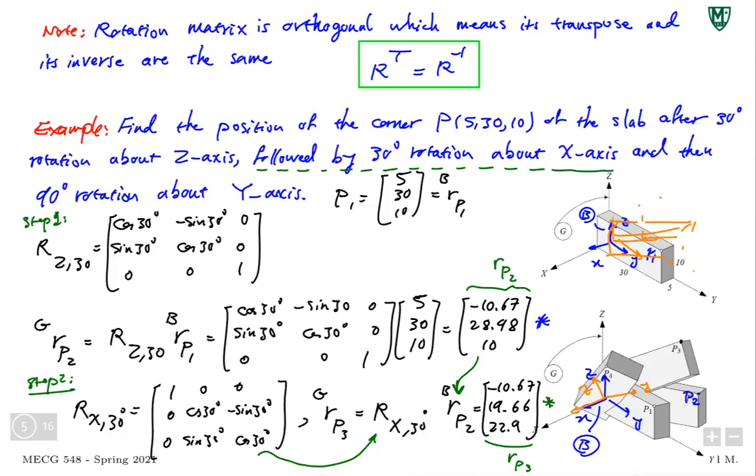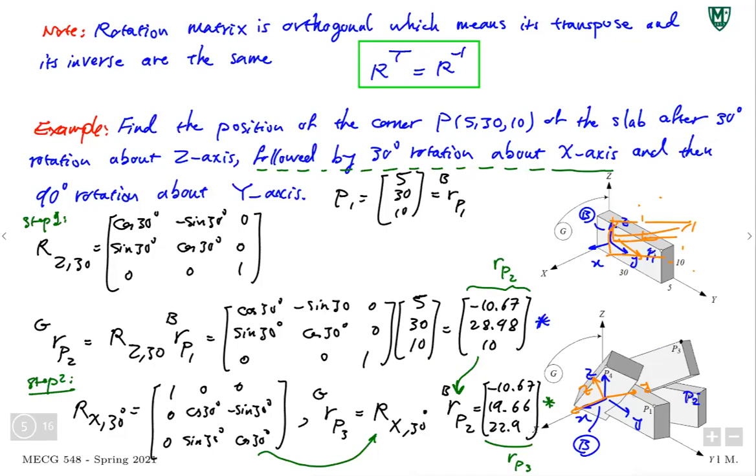Instead of finding the inverse of R, which is a 3 by 3 matrix, so to find an inverse of a 3 by 3 matrix can be a long process, we can just find the transpose of the matrix. And remember, the transpose of a matrix is basically just switching its rows and columns, right? The first row becomes first column, second row becomes second column, and third row becomes third column. That's pretty much as easy as that to find the transpose of a matrix.